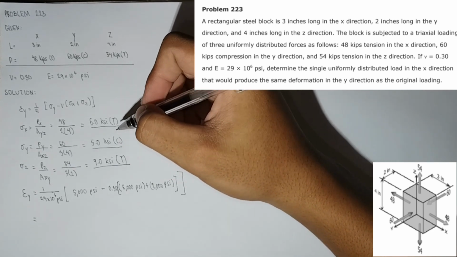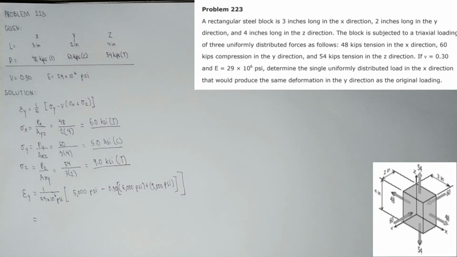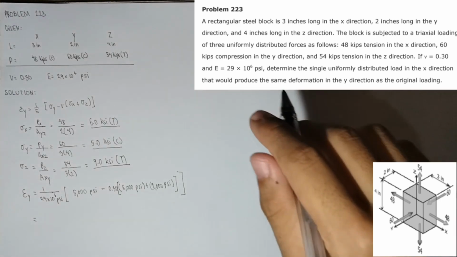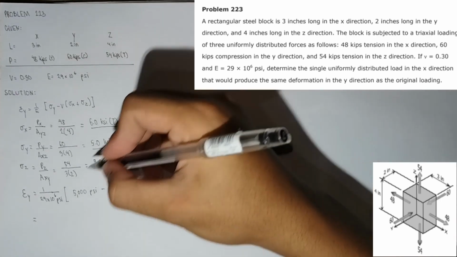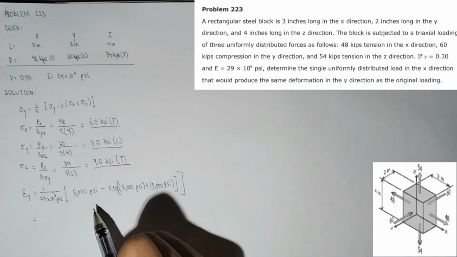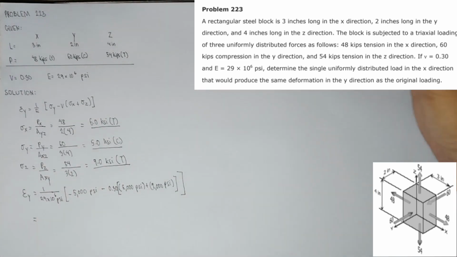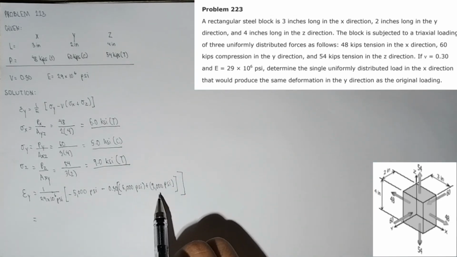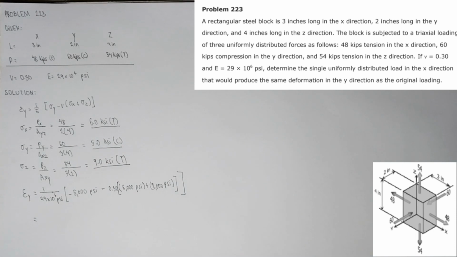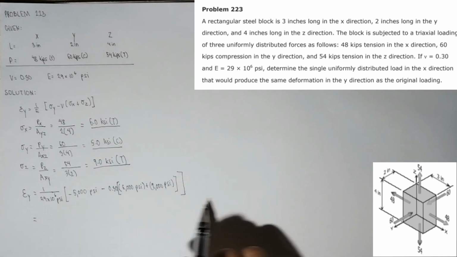As I said earlier, let's indicate our compression as negative and our tensile stress as positive. So here in this 5,000 psi, let's indicate this as negative, and our tensile stresses are going to be positive. Okay, and now let's solve this, guys.